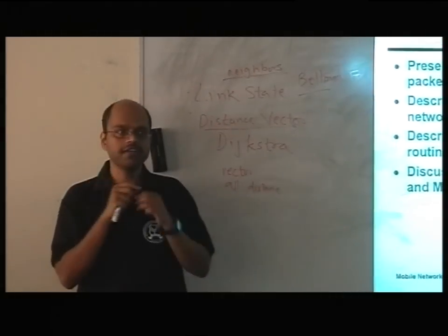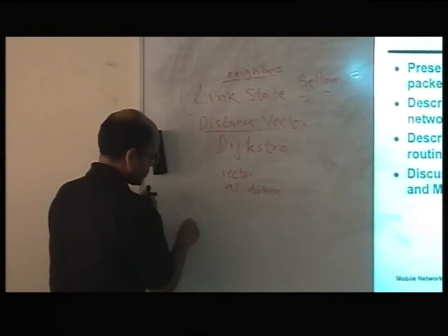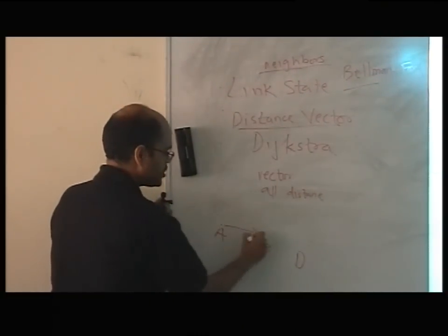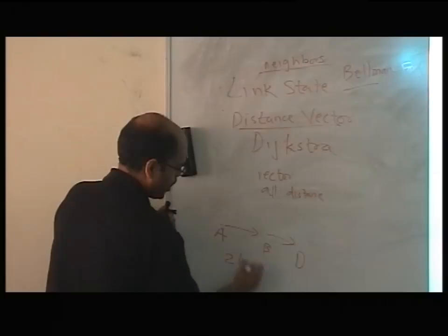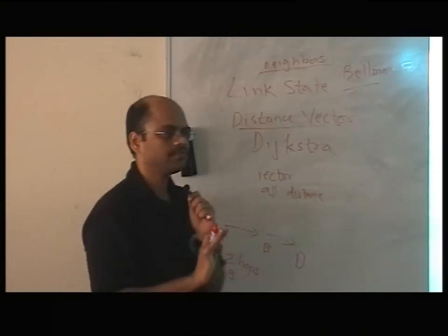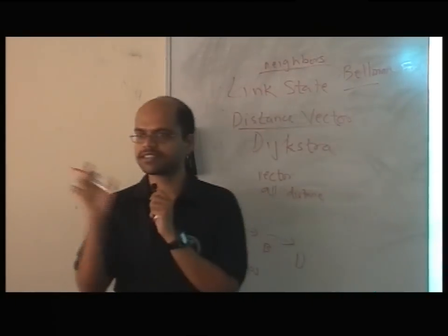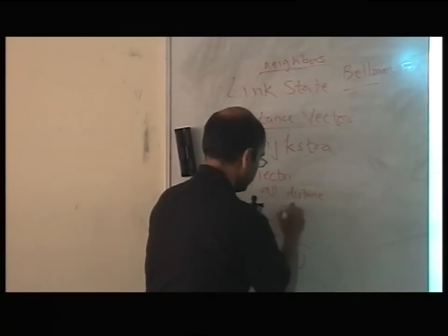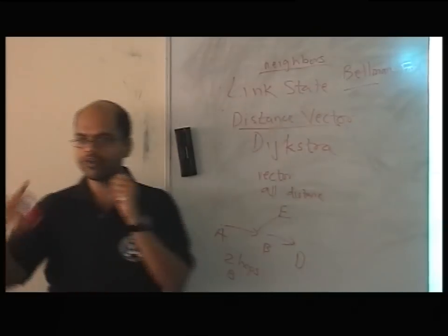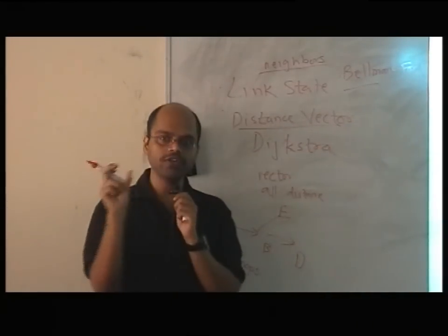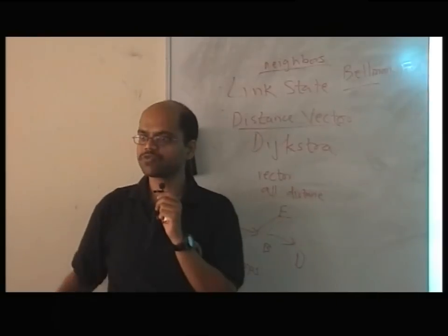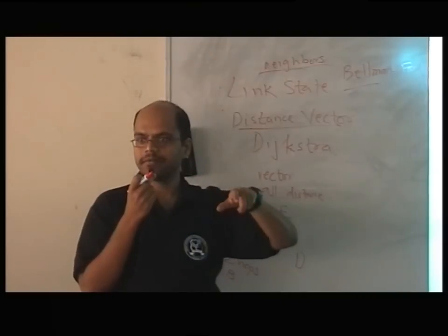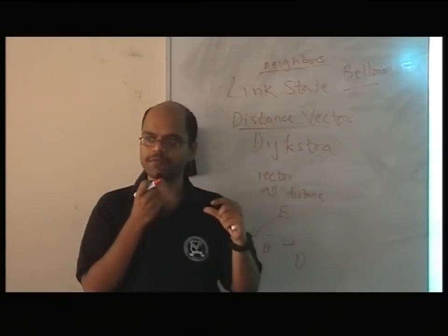It just knows that if I want to send a packet, let's say this is A, this is B, and this is D, then A knows that D is 2 hops away, and I have to go through B. So it doesn't know if there is an E here, and so on. It doesn't know all the nodes and how they are connected. In link state, every node knows the whole network. So that is one big difference. In link state, there is more information. In distance vector, there is less information.